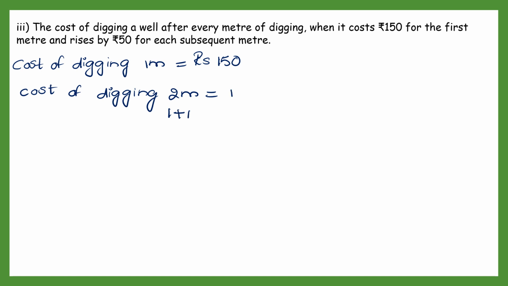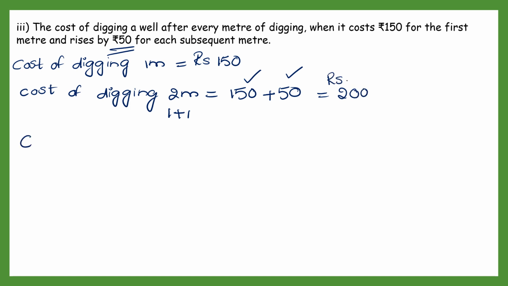That means 150 rupees for the first meter. After that, for each subsequent meter it is 50 rupees. So 150, and for the next meter it is 50 rupees. So 150 plus 50, it is 200 rupees.